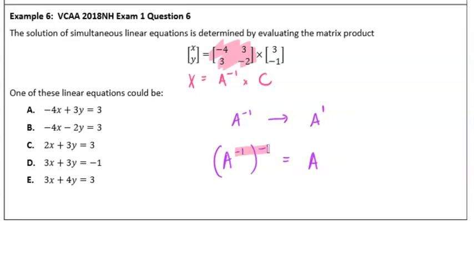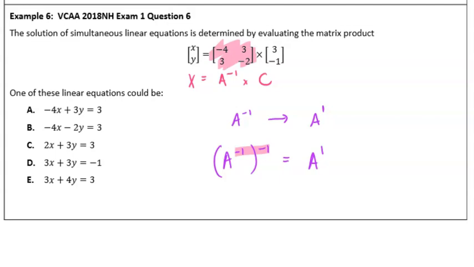So when I do an inverse and I inverse it, what actually happens is I get back to my original value, okay? Because -1 times -1 is +1, and that's the same as going back to the original matrix itself. So what we need to find is the inverse of that inverse matrix there.